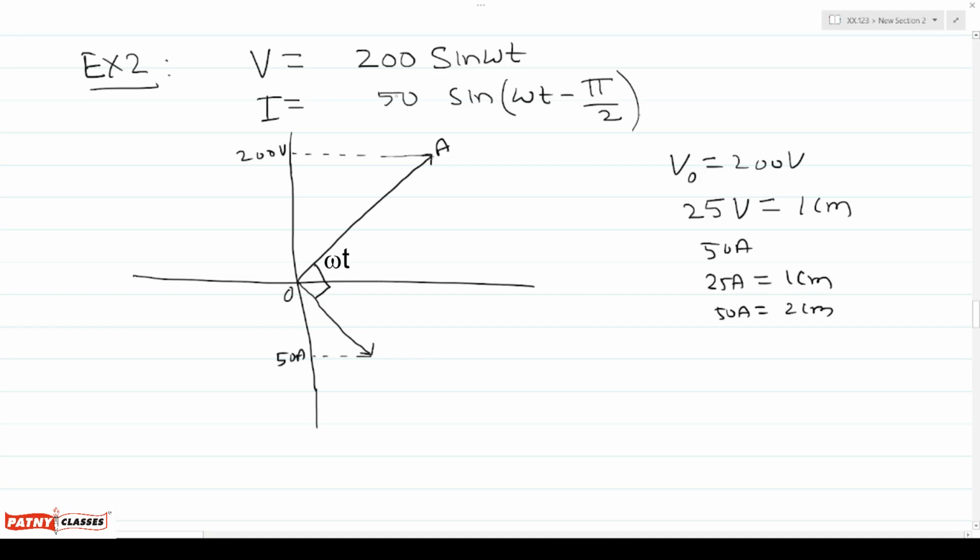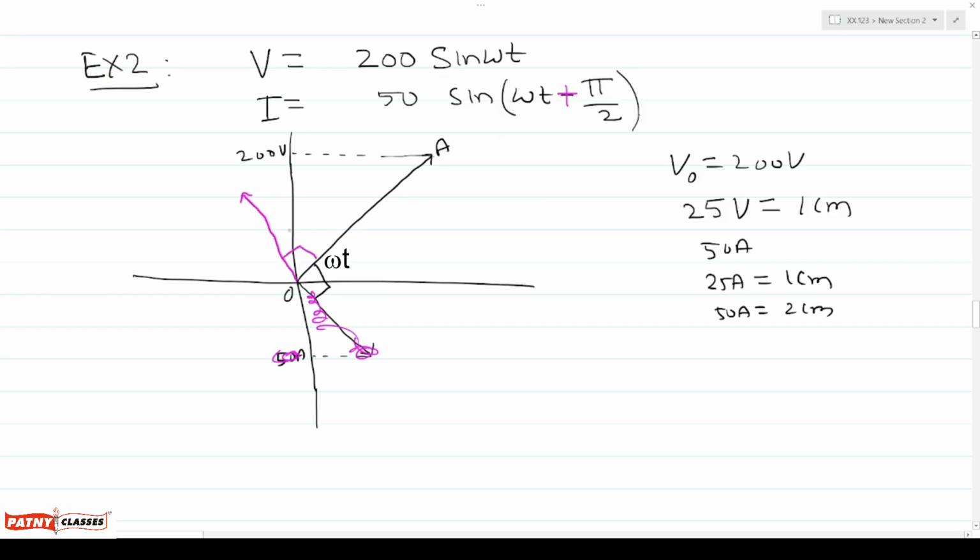Suppose the current, that is I equals 50 sin(omega t plus pi by 2), is given. Suppose instead of minus, plus is given. Then how will you draw the diagram? Everything will remain the same. Here we cancel this one, we will not draw this one, but we will draw plus pi by 2. That means in the anti-clockwise direction, 90 degrees away.